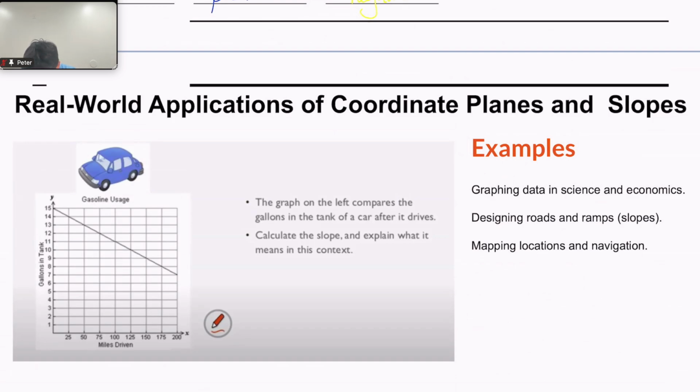Okay, the slope. First, we're gonna find 2 random points to calculate the slope. In this case, the x-axis coordinate will be 75 and the y coordinate will be 12.